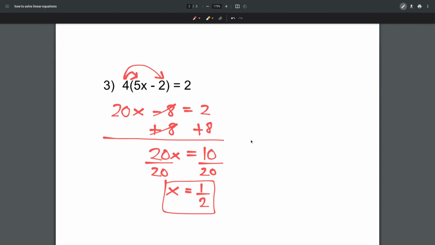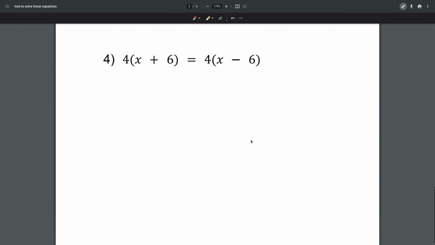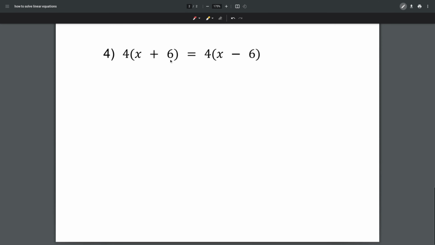Okay. So let's keep going. All right, we've got 4 times the quantity x plus 6 equals 4 times the quantity x minus 6. So we can distribute to start. So we do 4 times x, which is 4x, and then 4 times 6, which is plus 24.